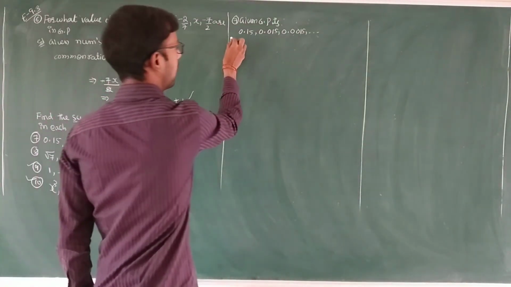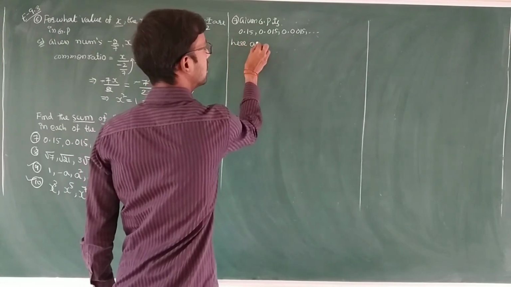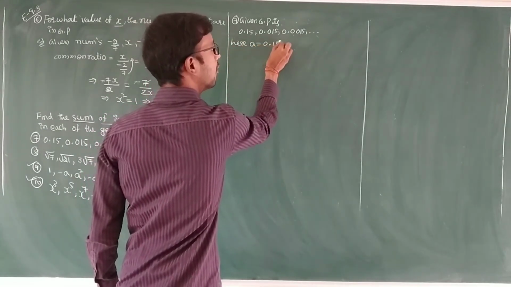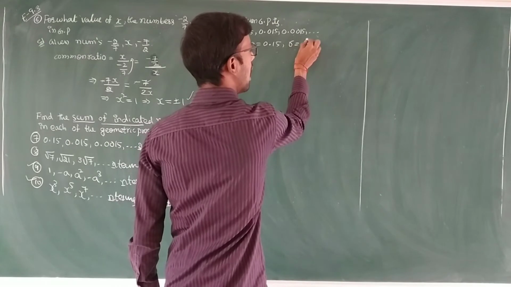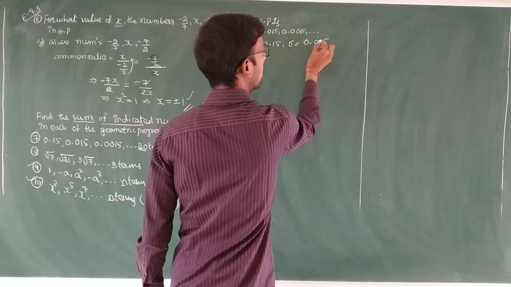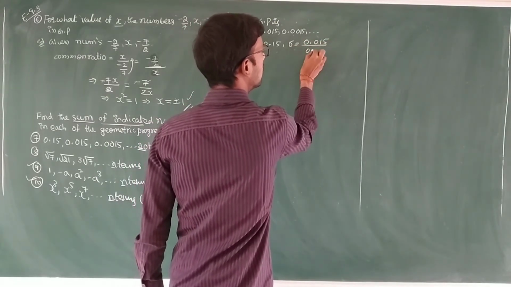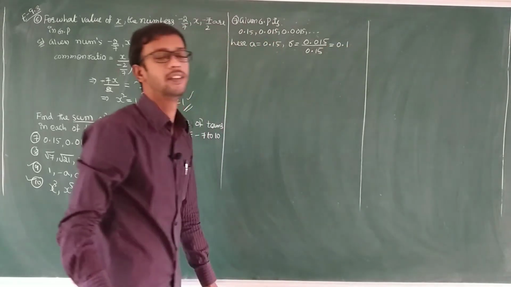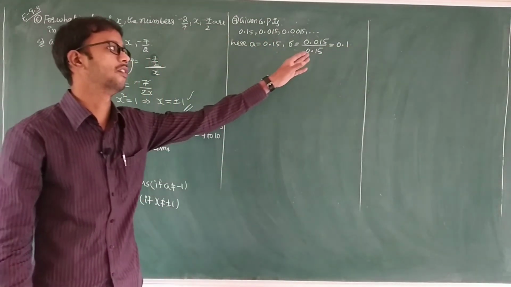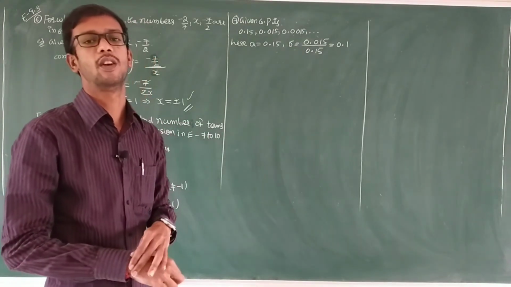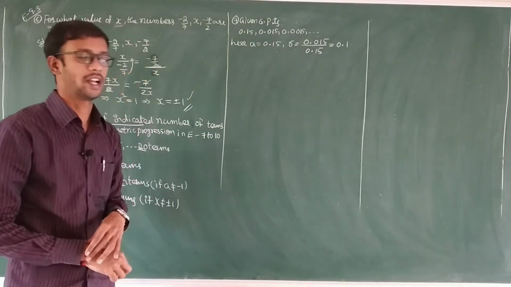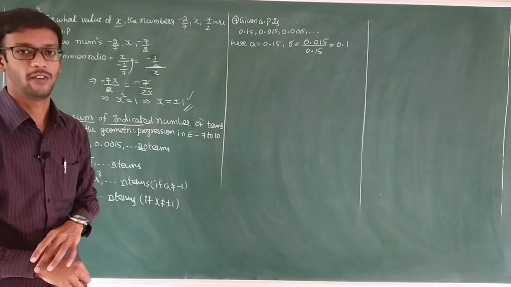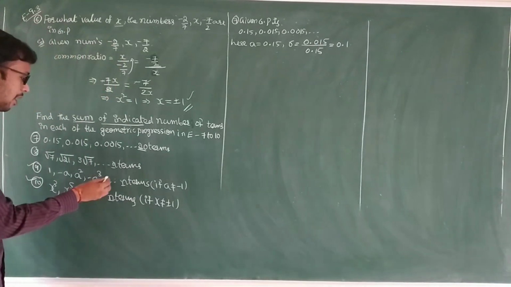Here A is equal to 0.15. Common ratio r is equal to 0.015 by 0.15. If you divide, it becomes 0.1, since 0.1 into 0.15 is 0.015. So the common ratio is 0.1.